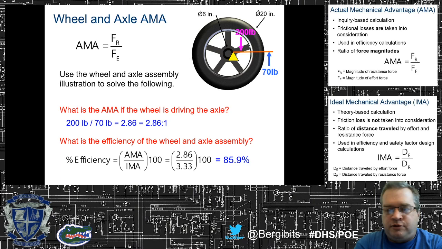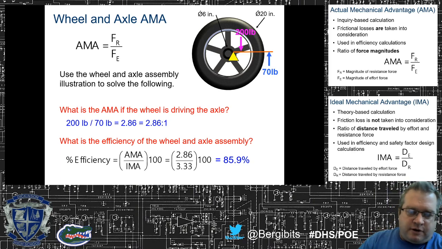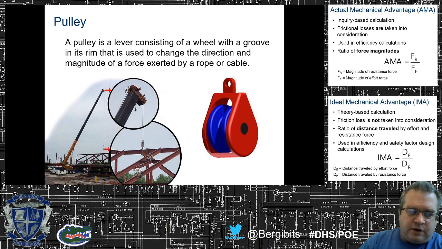But we're just going through some simple, straightforward examples. But as it gets more complex, they may not give you all of the answers, and you're going to have to move that formula around to fit the situation. All right. Okay. So we're going to go into pulleys briefly here.